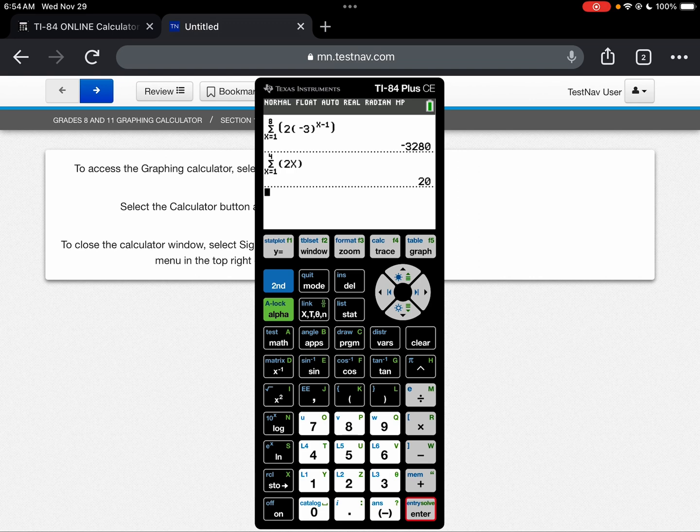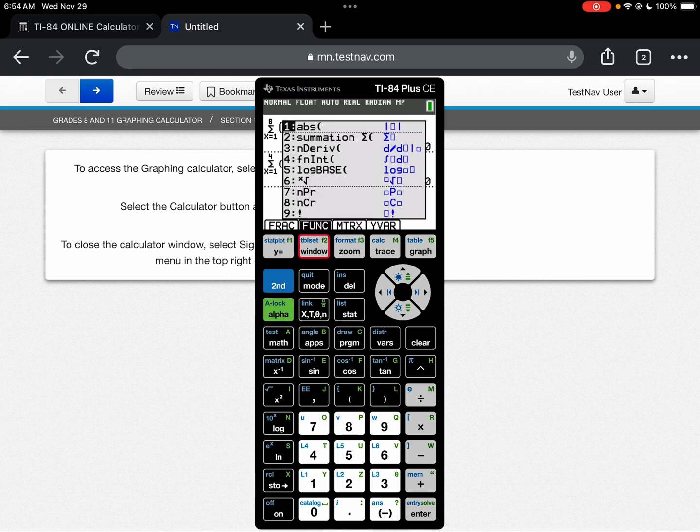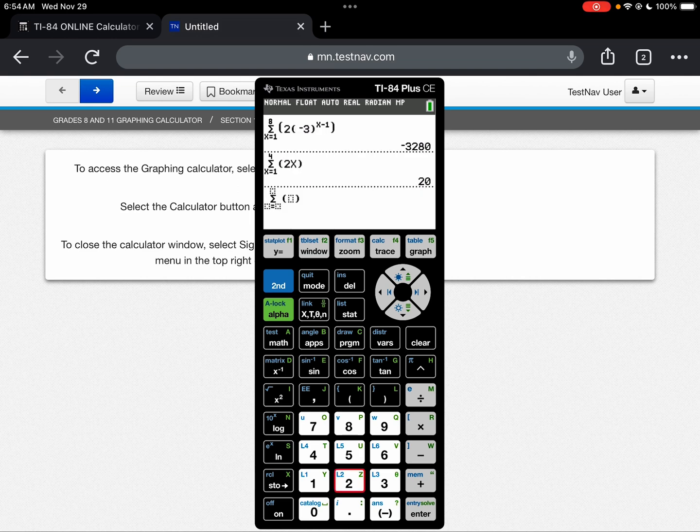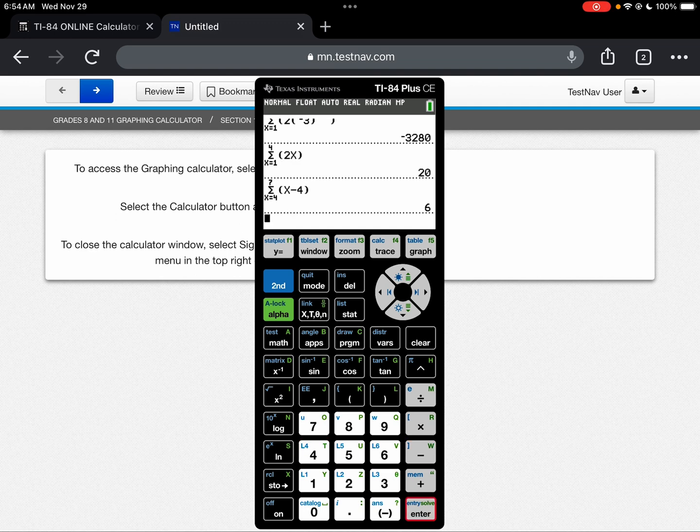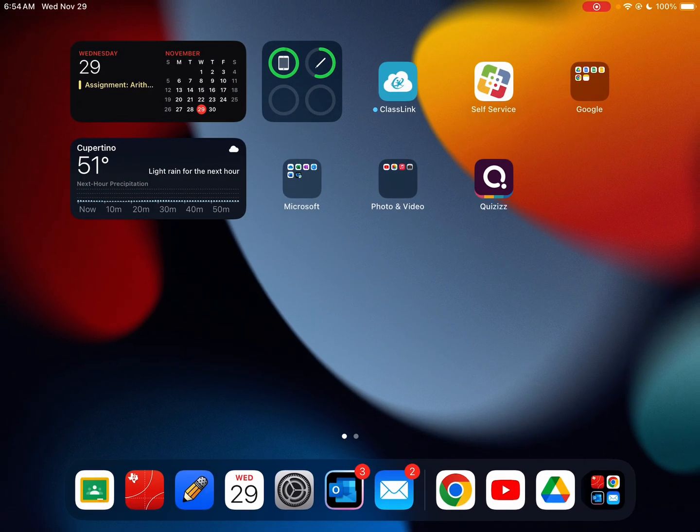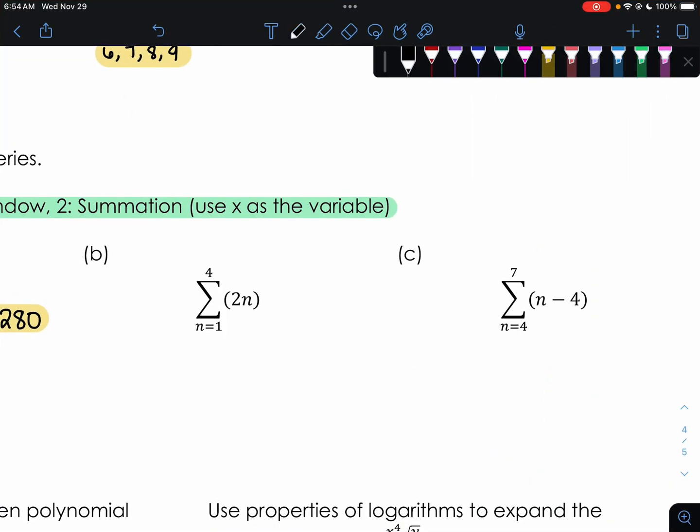For letter C, alpha window 2, we have x equals 4 to 7 of x minus 4. Press enter, we get 6. And that's it. That's all you have to do to type these in. So we got 20 for this one and 6 for this one.